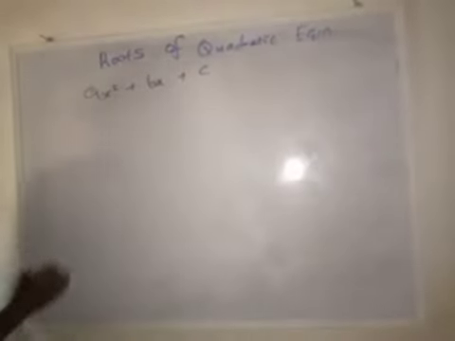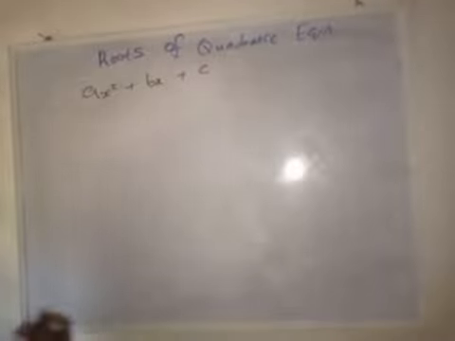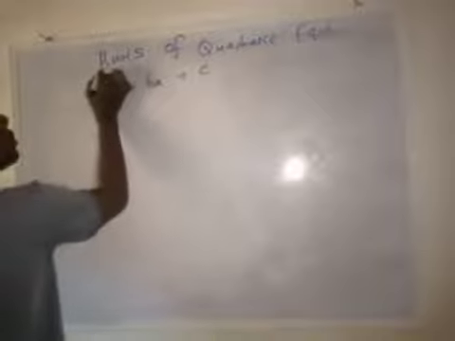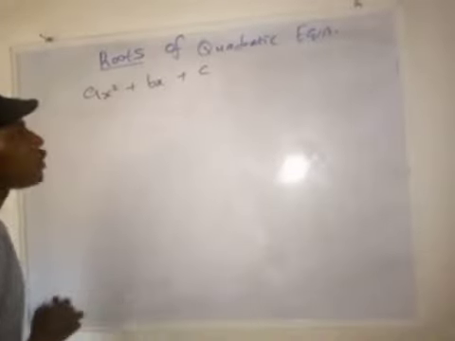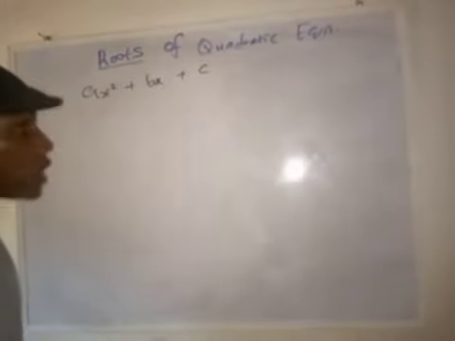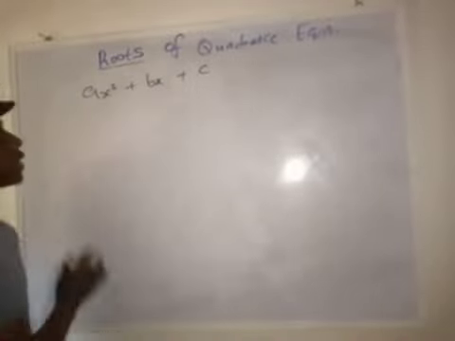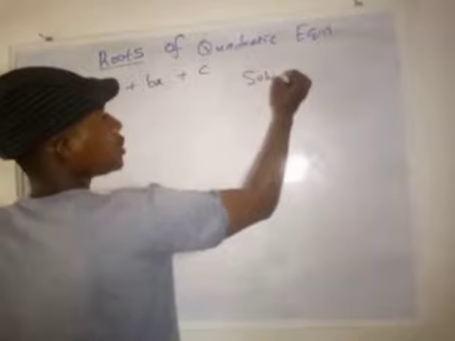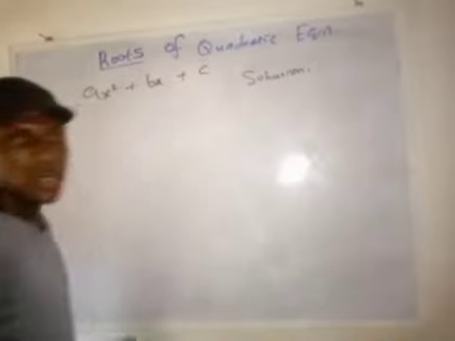Now, if I want to get the root of a quadratic equation, what does it mean to have a root? The root of a quadratic equation simply means the solution of that particular quadratic equation.